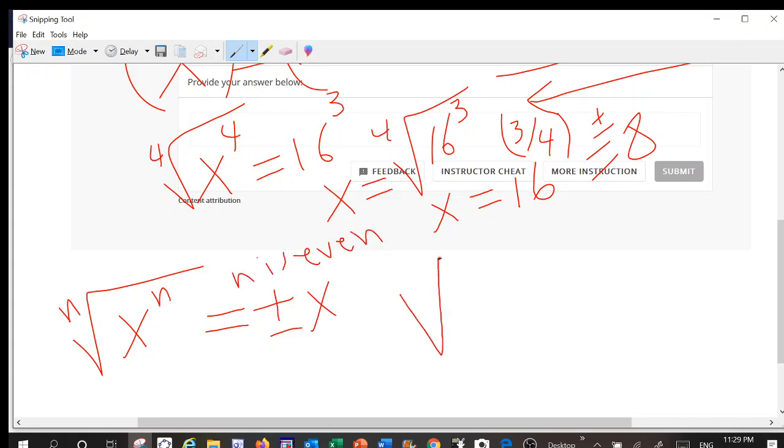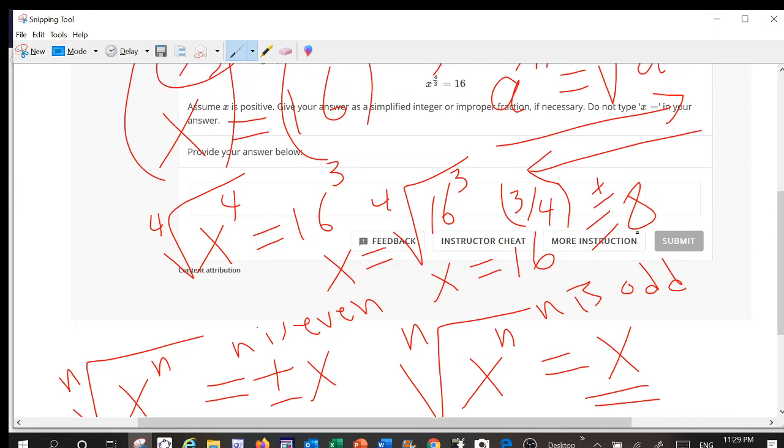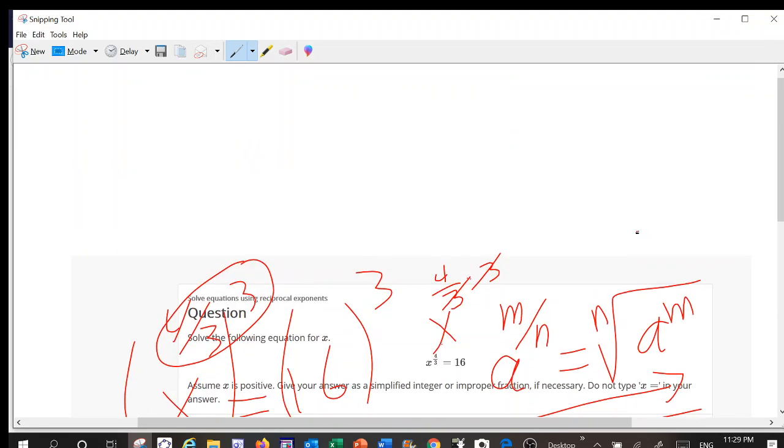And if you take the nth root of x to the n and n is odd, then this is just x, not plus and minus. In this case, we have to put plus and minus. So the answer has to be plus and minus.